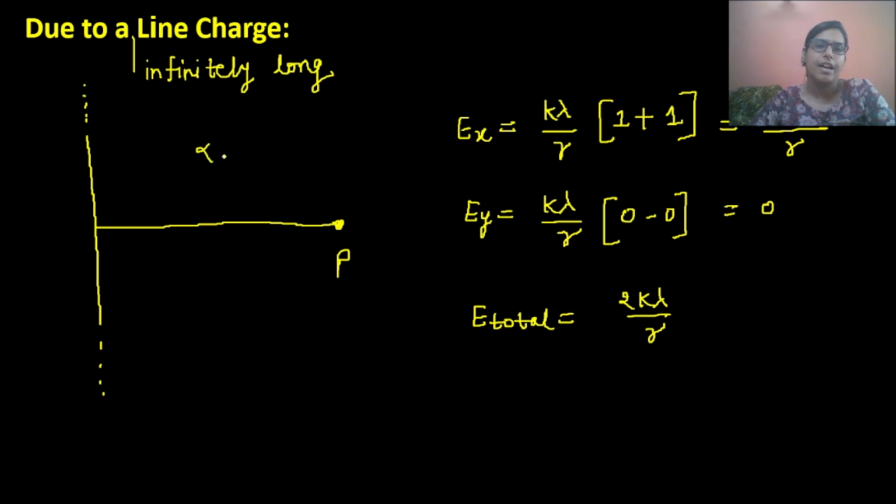Here we can say alpha, beta are 90 degrees, right? So the total electric field will be away from this infinitely long charge if the charge is positive, and if negative then it will be towards the charge. So remember this formula.